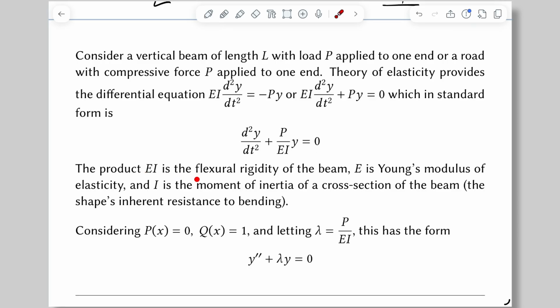EI is called the flexural rigidity of the beam. E is Young's modulus of elasticity, and I is the moment of inertia of a cross-section of the beam. That's the shape's inherent resistance to bending. If you want to dig deeper into this, theory of elasticity is where to go.